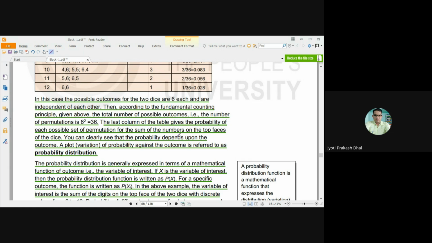The last column of the table gives the probability of each possible set of permutations of that sum. You can clearly see that the probability depends upon the outcome.